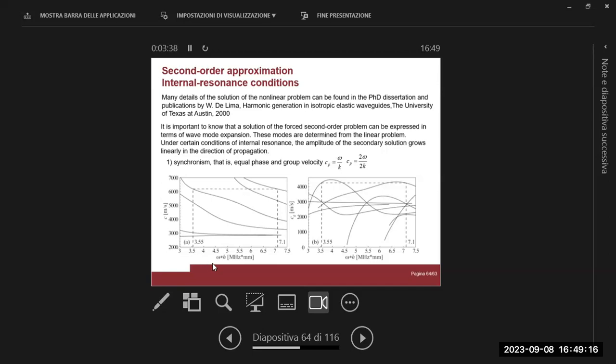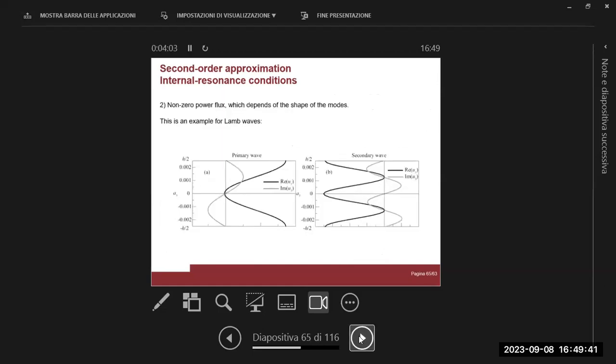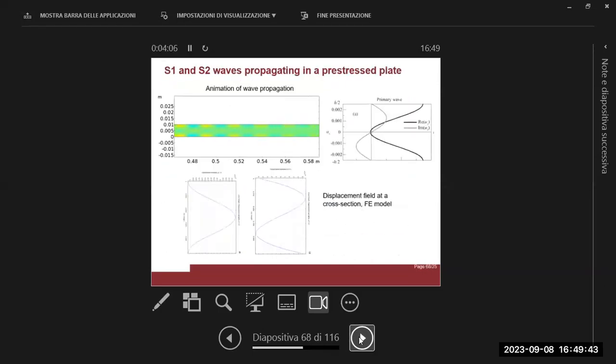This does not usually happen, and when these internal resonance conditions are satisfied, the higher harmonics should be stronger than when these internal resonance conditions are not satisfied. So this is one of the applications.